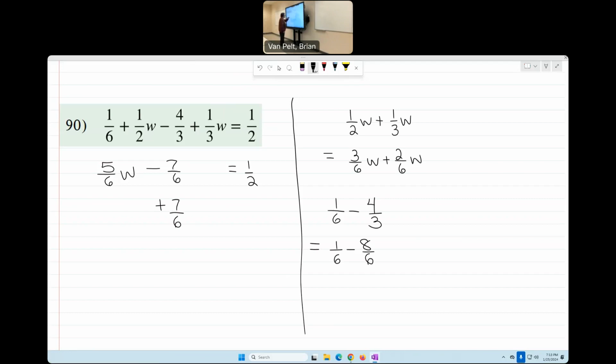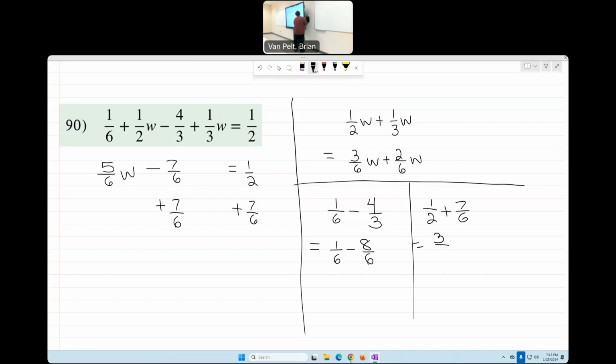Now, I encourage you to keep the right side of your paper free for intermediate computations like I'm doing. So for instance, I'm going to do this 1/2 plus 7/6 now. I need to make myself some space here. 1/2 plus 7/6. Remember, 2 goes into the 6, so just change the 1/2 to 3/6. 10/6.